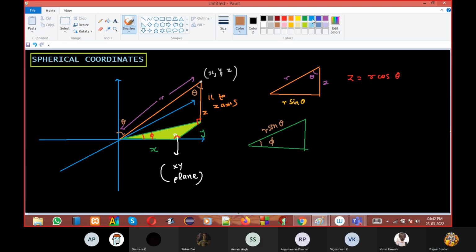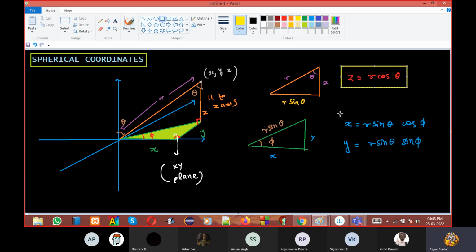Phi. Now what is X? This is Y. What is X? R sin theta cos phi. What is Y? R sin theta sin phi. This is how you will take spherical coordinates.